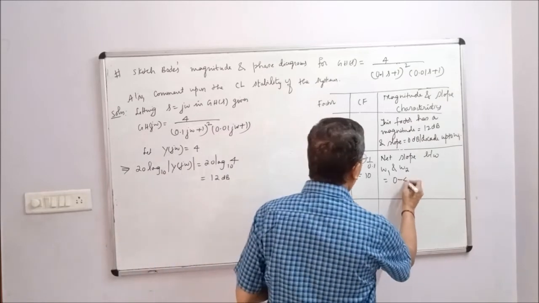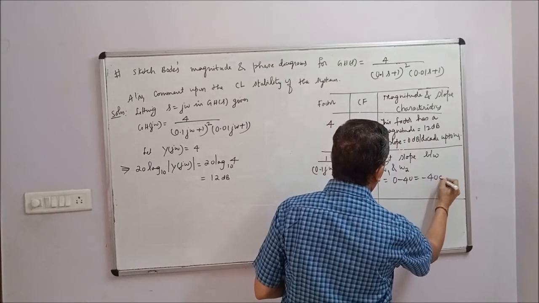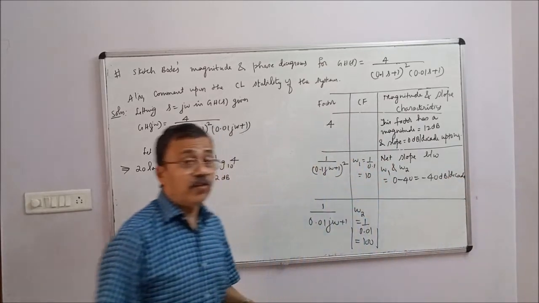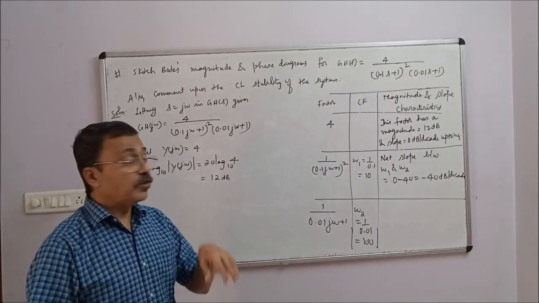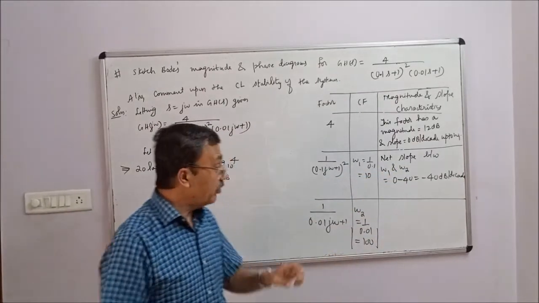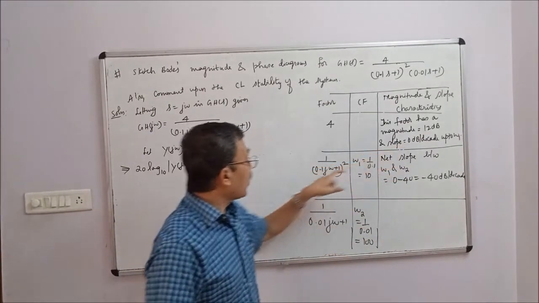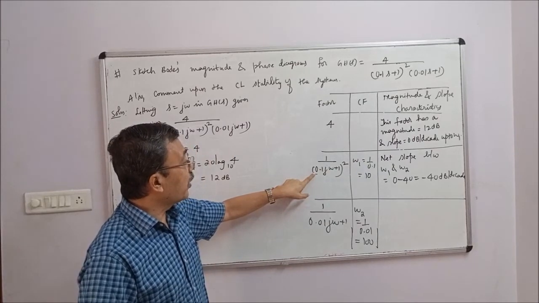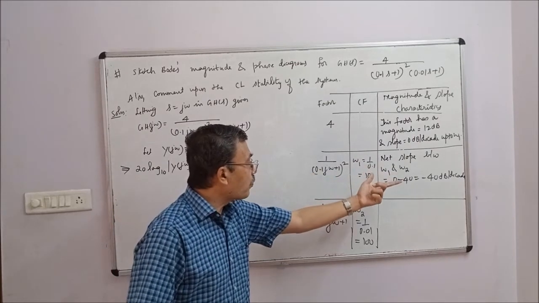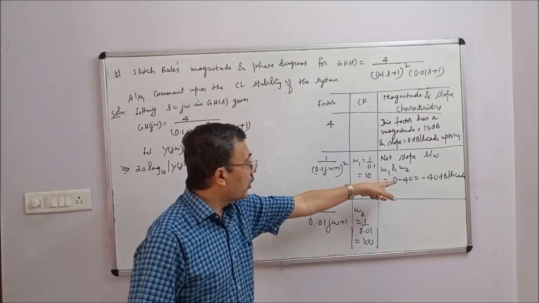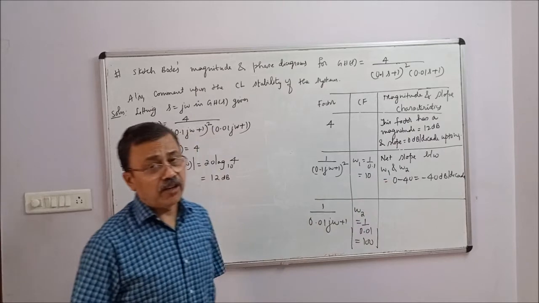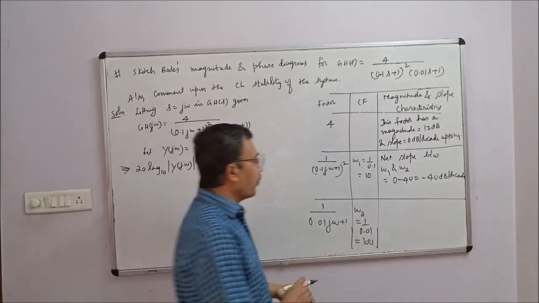So 0 minus 40 is minus 40 decibels per decade. The slope of minus 40 decibels per decade will stop at omega 2. Beyond means till omega 2. So to the previous slope, if you add minus 40, you get minus 40 decibels per decade.